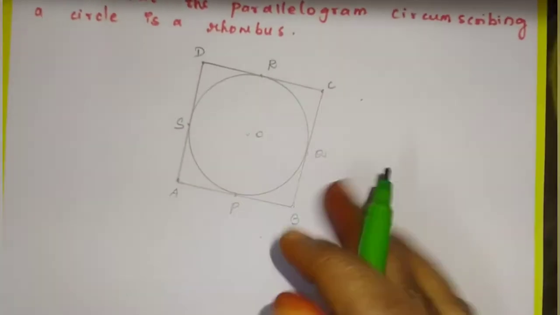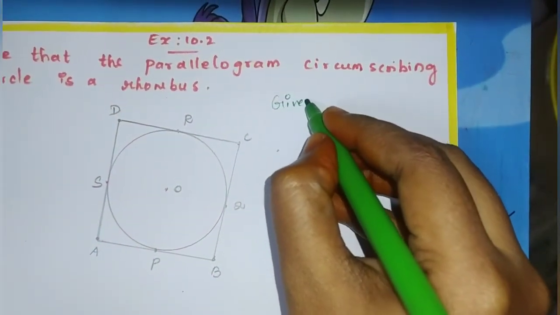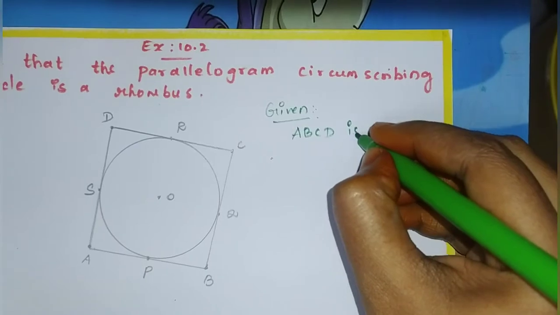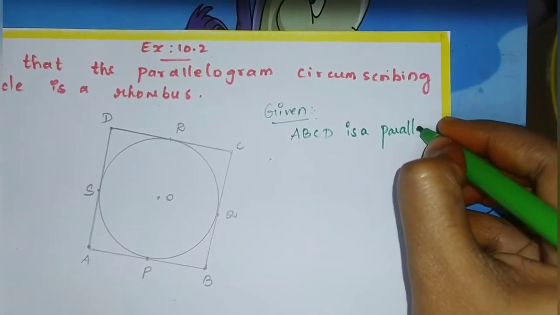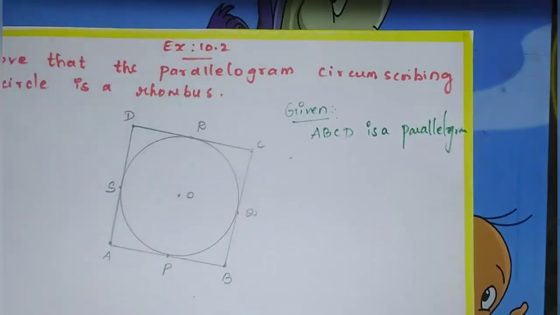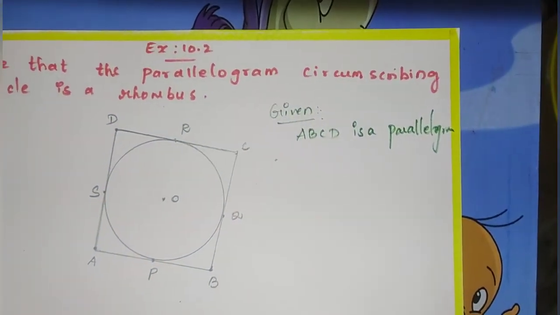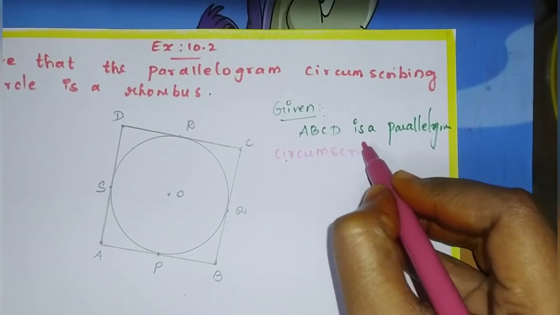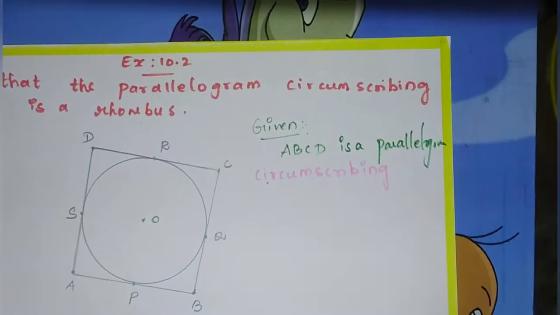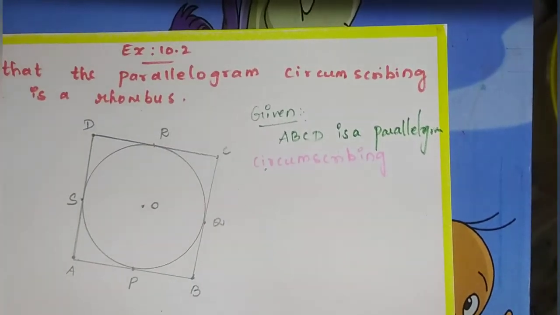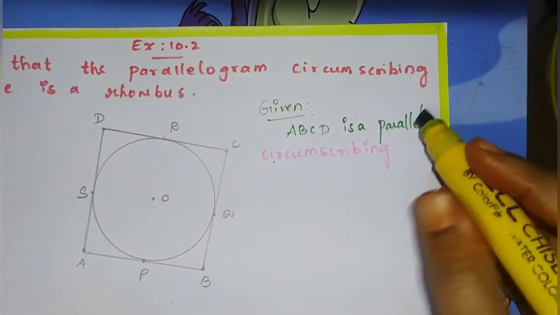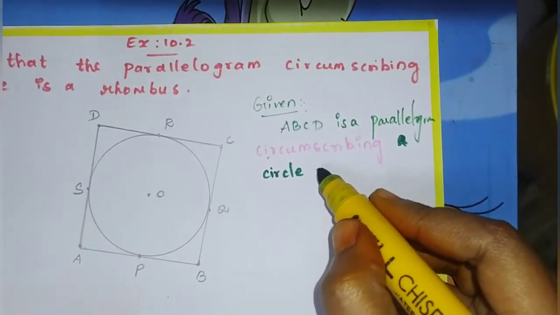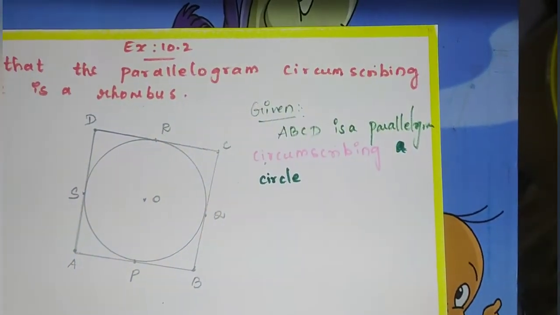Clear? So first write the given. ABCD is a parallelogram circumscribing a circle.